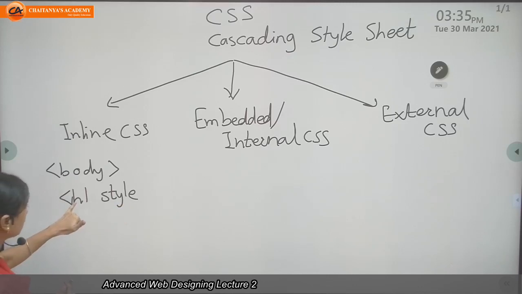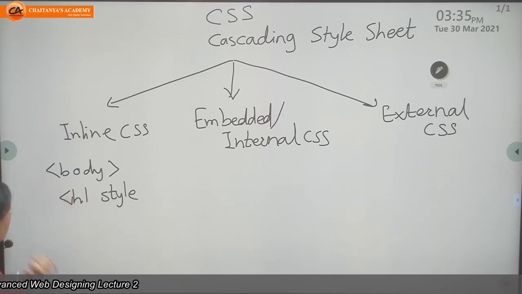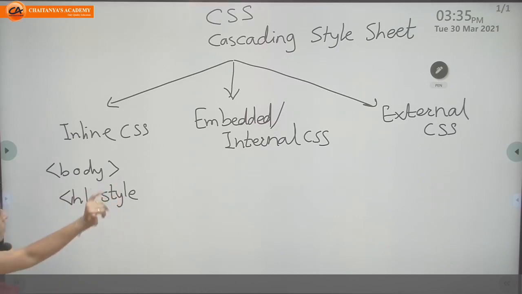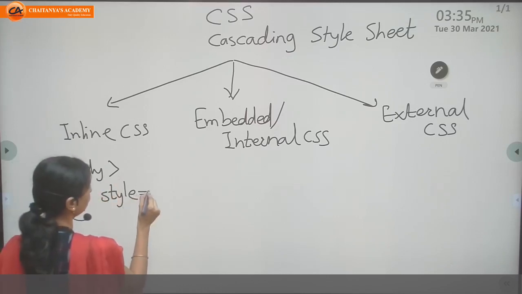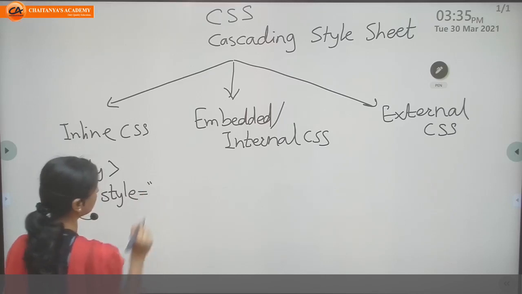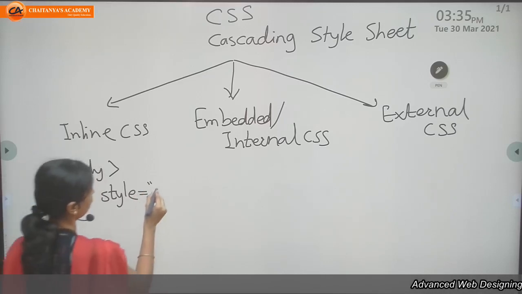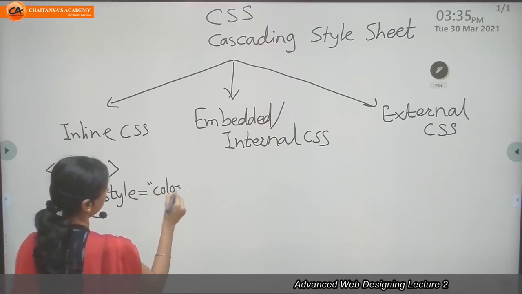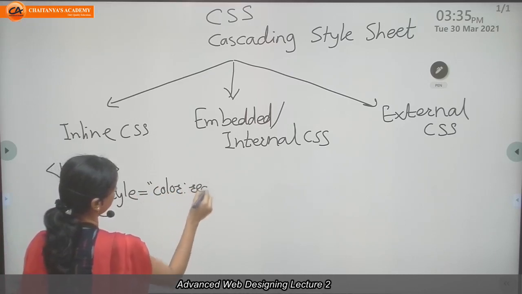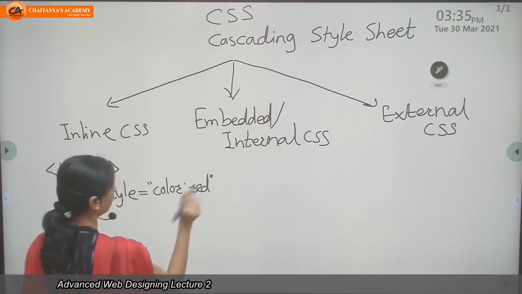In the body tag, for example, I want to use the h1 tag, I can use style as an attribute equal to, in double quotes, whatever properties I want to display. For example, color red.